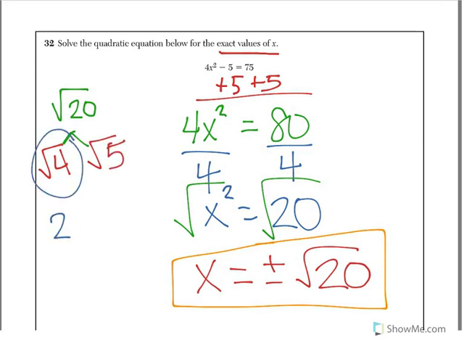Square root of 4 is 2. So in simplest radical form, my answer could be plus or minus 2 radical 5. So whichever answer you choose is fine. But again, since they did not say make sure your answer is in simplest radical form, they will accept x equals plus or minus the square root of 20.